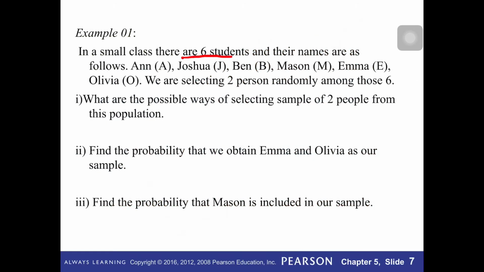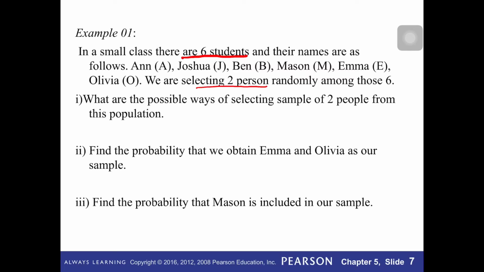There are 6 students in the class. The names are Anna, Joshua, Ben, Mason, Emma and Olivia. So I can consider these capital letters in the brackets. We are selecting 2 persons randomly among these 6.